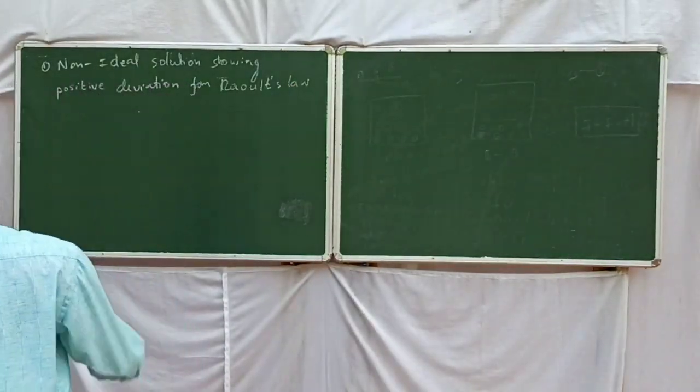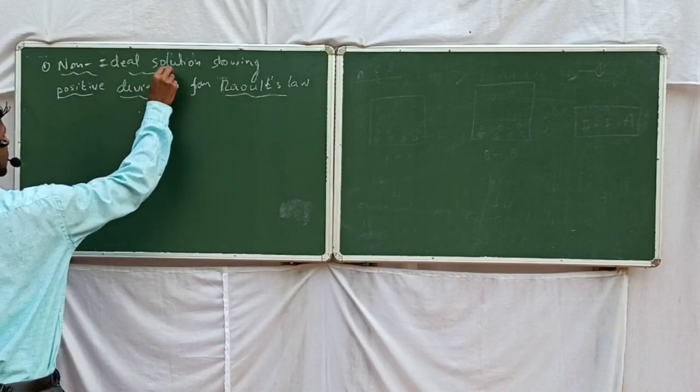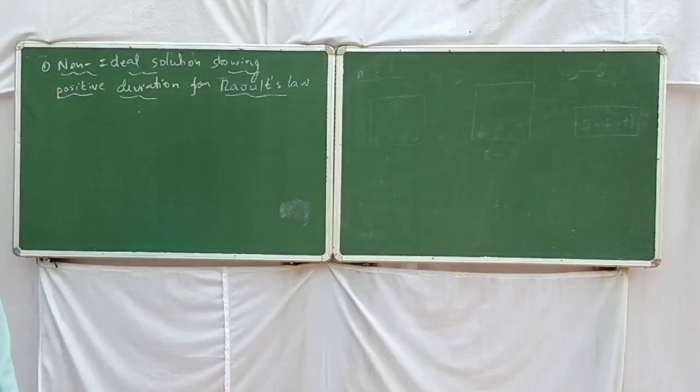Now what is the meaning of positive deviation? That is nothing but the vapor pressure of the solution is higher than that calculated from Raoult's law, right?